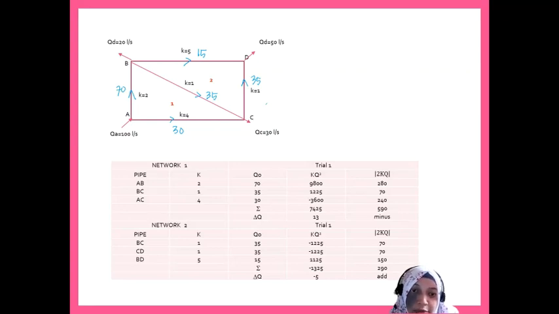But if it is opposite, it has to add 13. In network 2, we have delta Q 5, so if the direction is clockwise, you have to add 5, but if it is opposite, we have to minus 5.